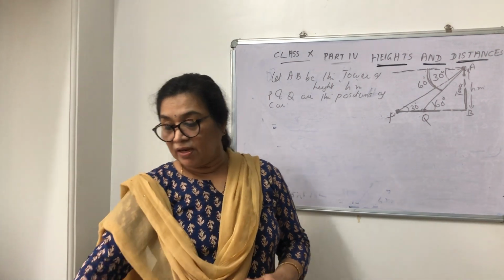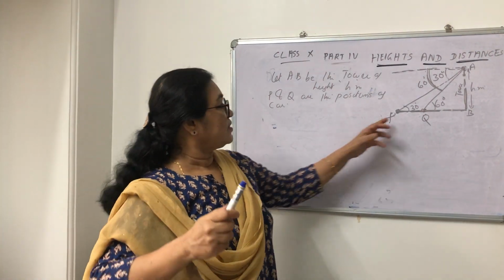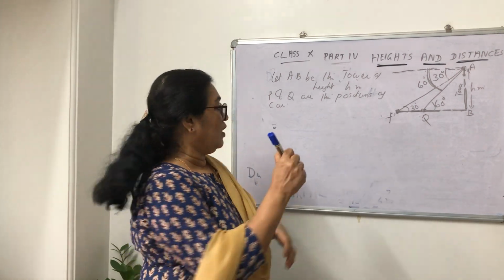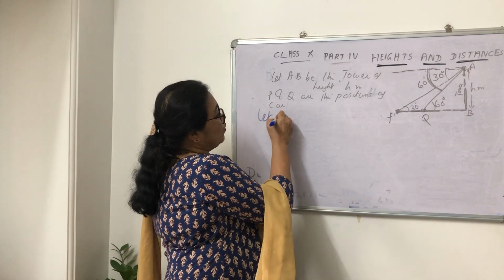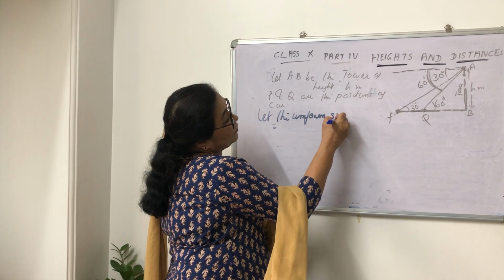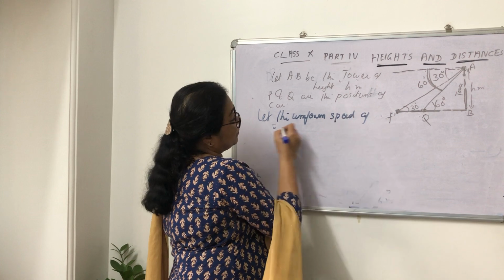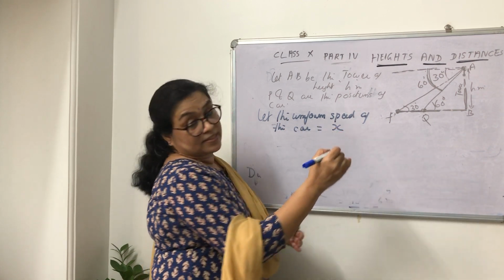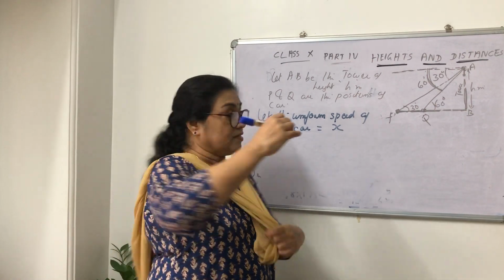The time taken by the car from P to Q is 6 seconds. So first let the uniform speed of the car be x meter per second.